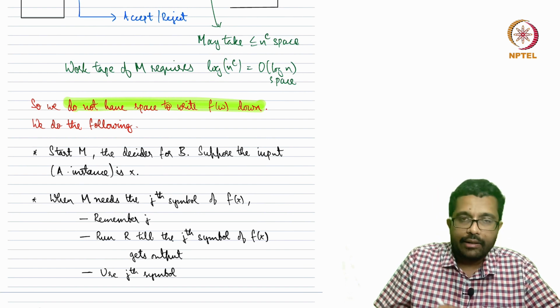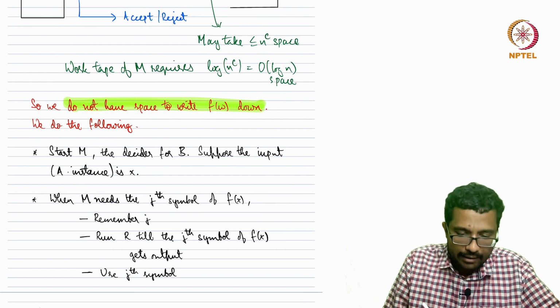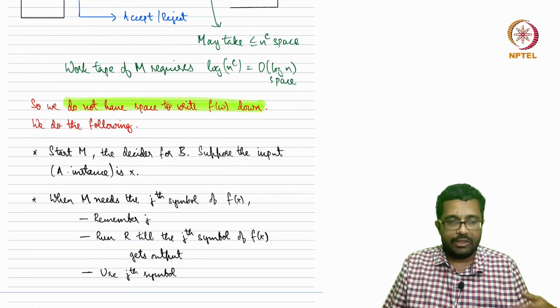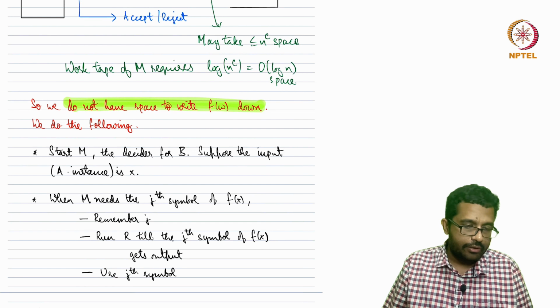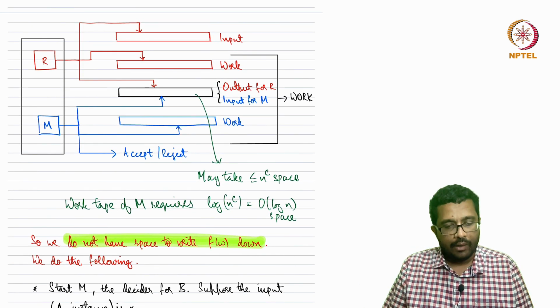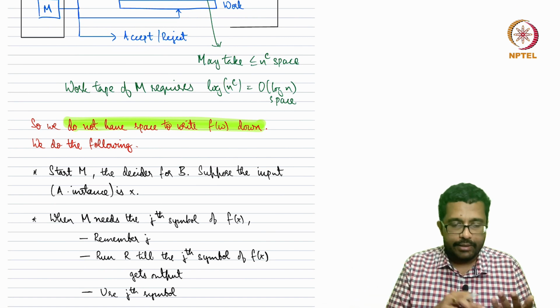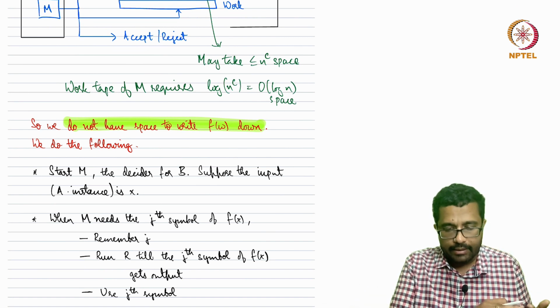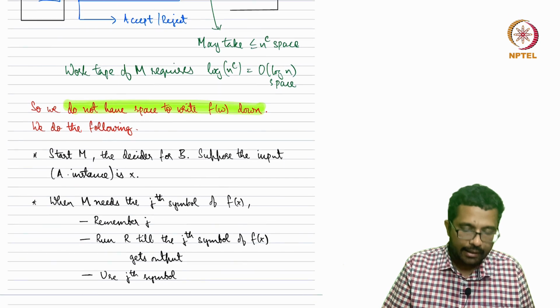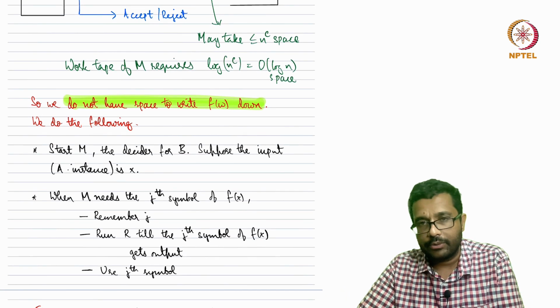We run the reduction machine till the jth symbol is produced. We don't store the rest of f of x. We just throw them away, because if we try to store, then we are using up all the space. We just count how many symbols we have output. Once we reach the jth symbol, we tell M, and then M uses the jth symbol and continues.